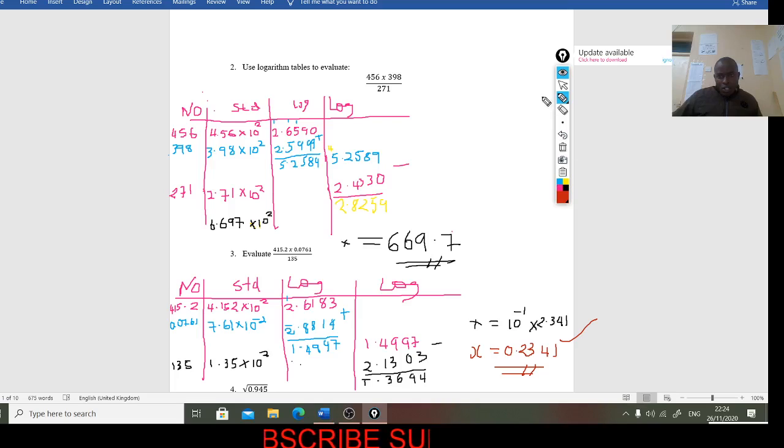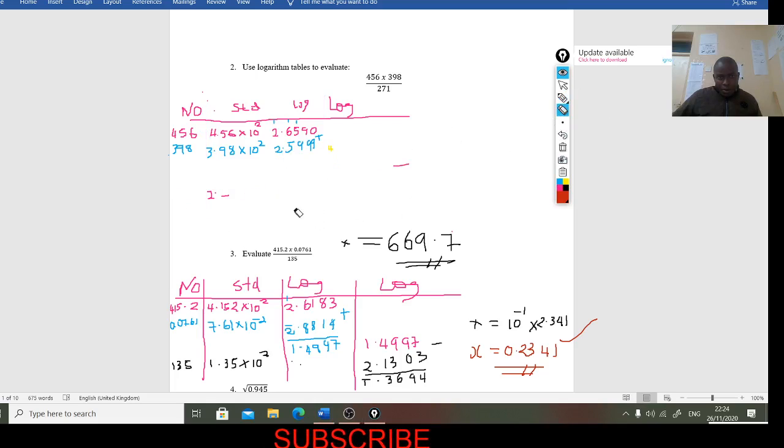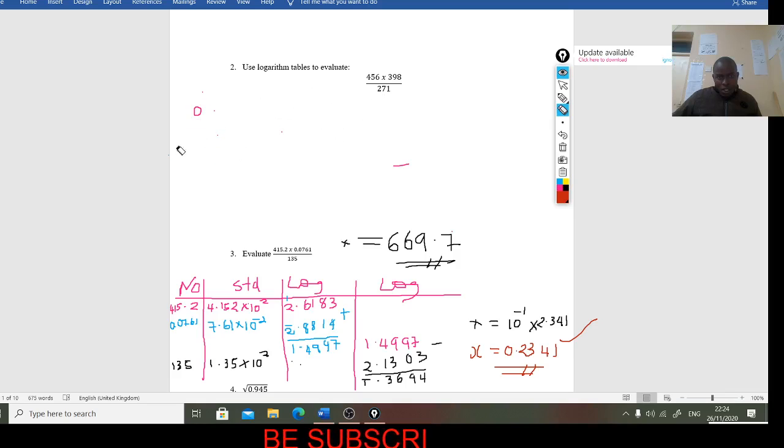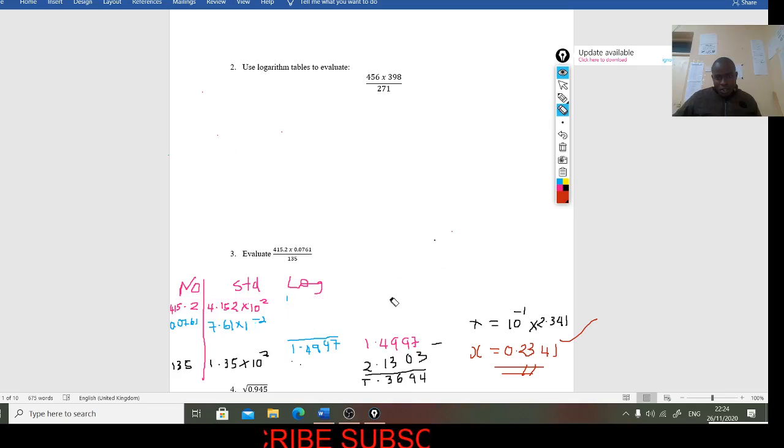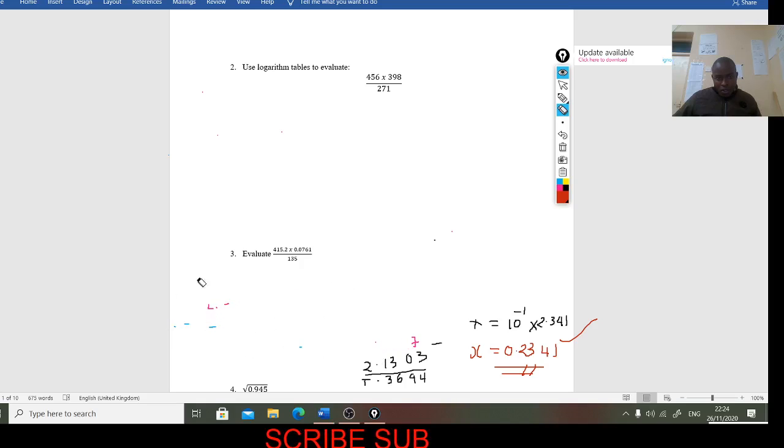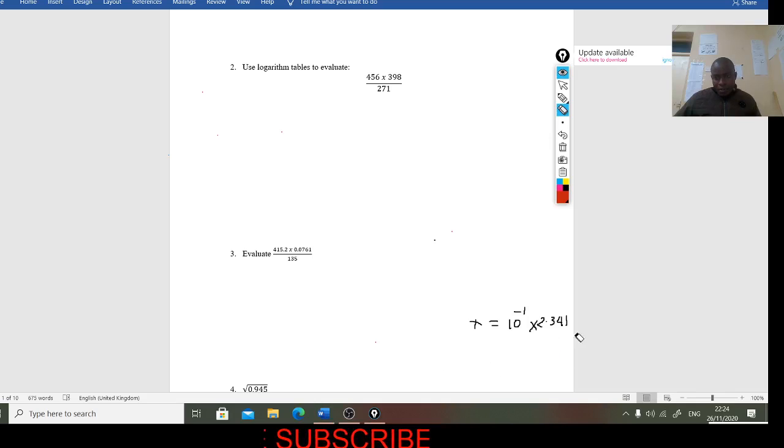Let me deal with a question involving a square root, so that you also know how you find it if the power is a half, or if the power is a fraction.